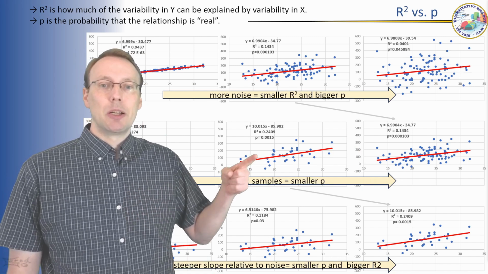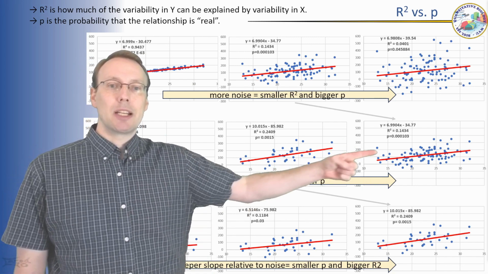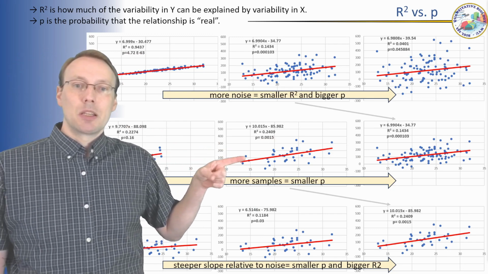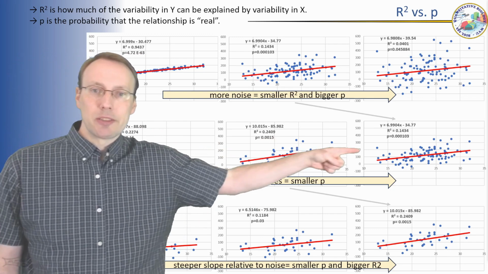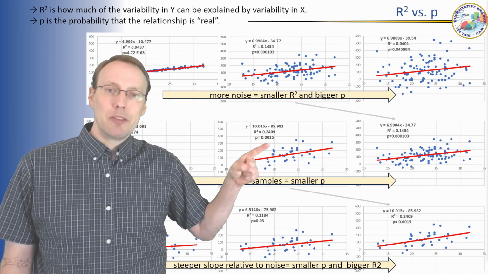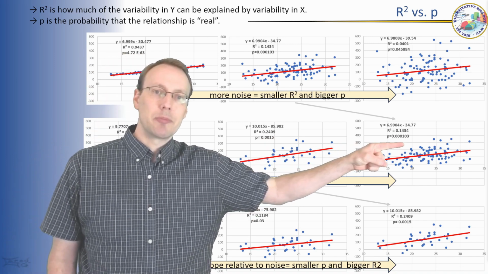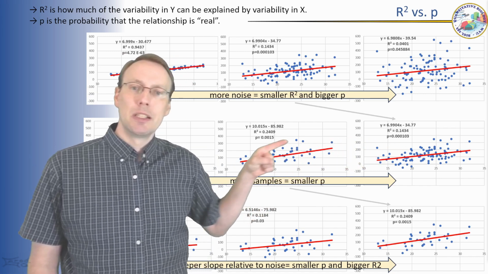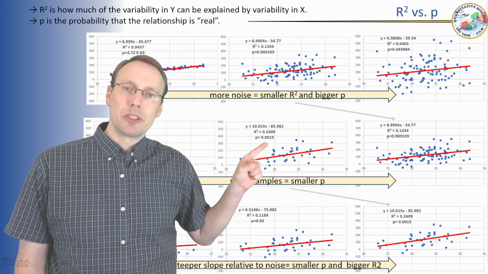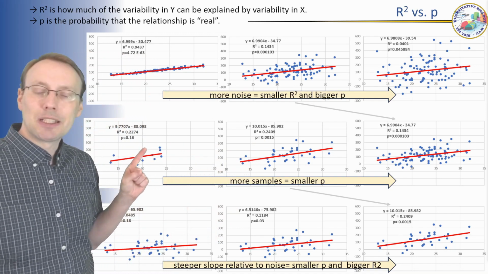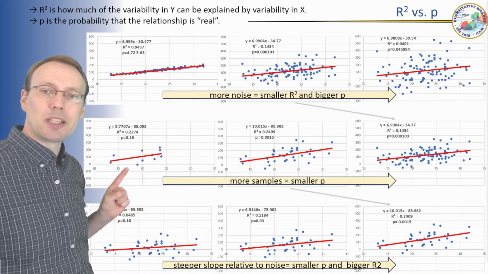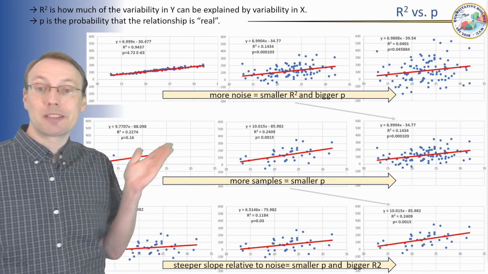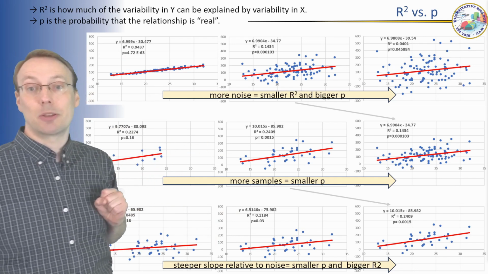But the variability around the line stays more or less the same because it's the same data set. And the slope stays more or less the same, but the p-value is very small, 0.0001 here, 0.001 here, and here 0.60. So here it's not significant anymore. I don't have enough data points to be sure that this slope is significantly different from 0.